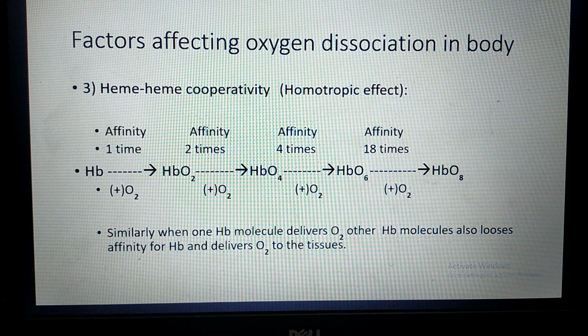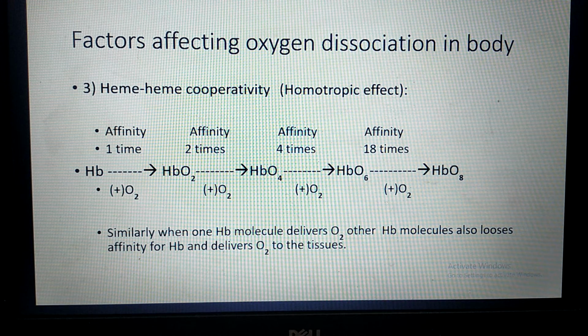So in the lungs, due to high PO2, one oxygen molecule binds with one subunit of hemoglobin. When this first oxygen molecule binds with one subunit of hemoglobin, the affinity between the other 3 subunits and oxygen becomes twice, and they easily combine with oxygen molecules in the lungs.